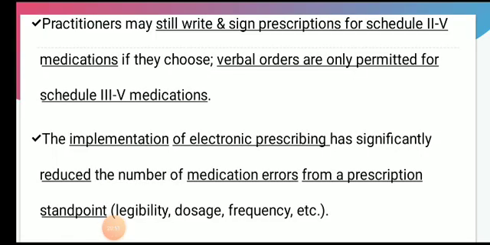This electronic system has solved this problem, or reduced it, and the chances of such problems have been erased, we can say, like legibility, as I told, meaning being unable to read the handwriting. Other possibilities are about the dosage, how much dosage should be administered for a given drug, and the frequency of administration.